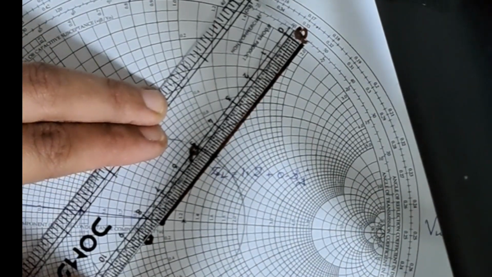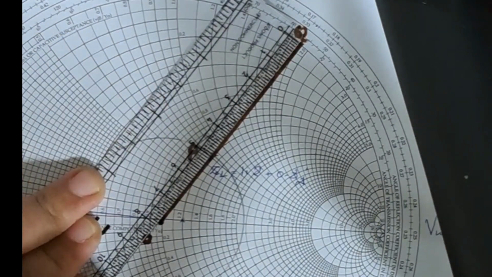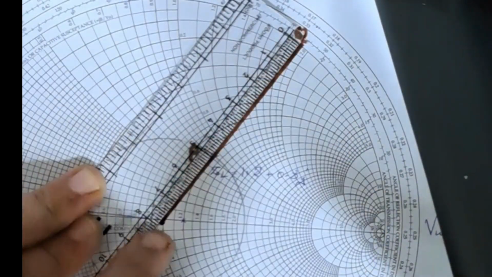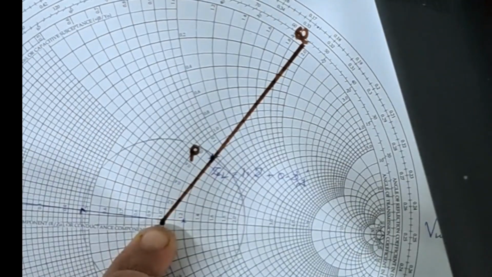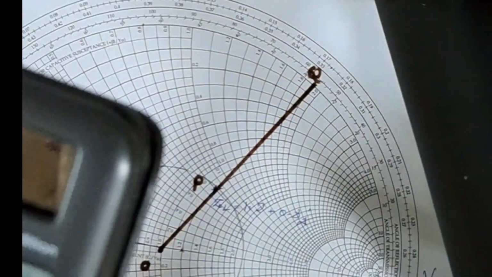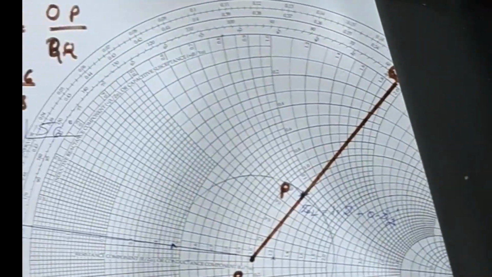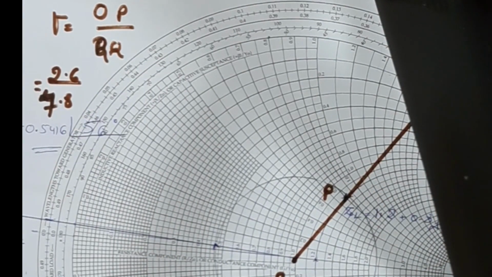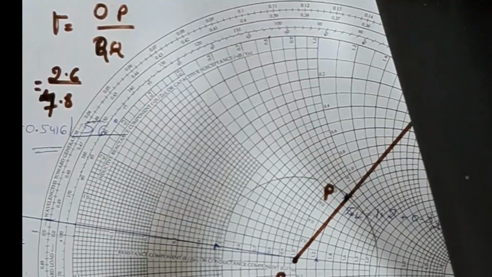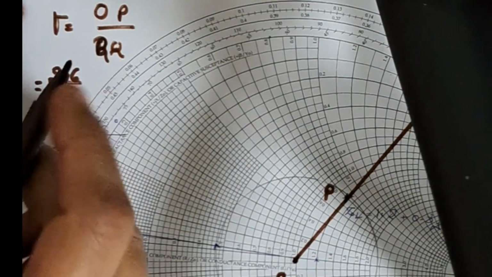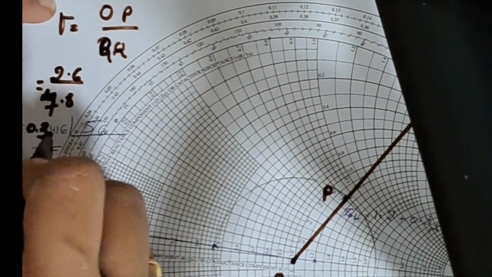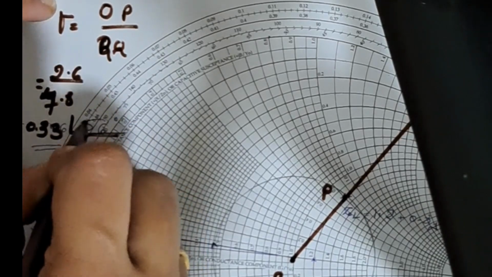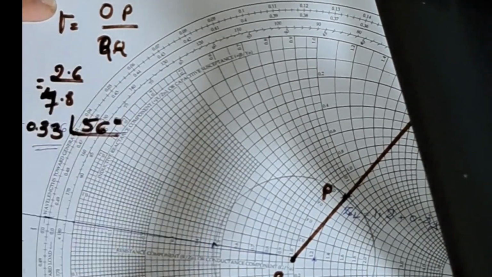OQ I'm getting around 7.8, from here to this particular center point. So 2.6 divided by 7.8, and I'm getting around 0.33. So I'll write 0.33, and the angle we have found is 56 degrees.